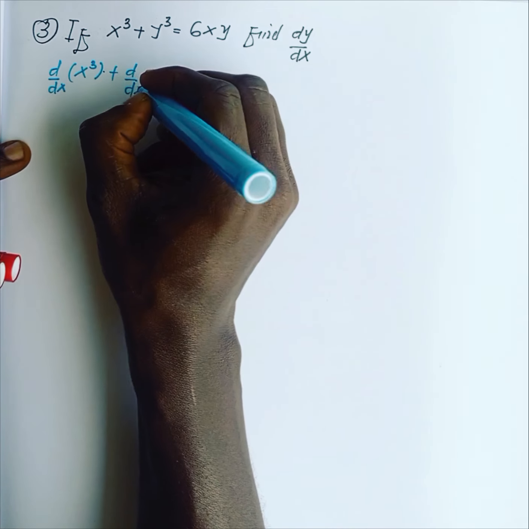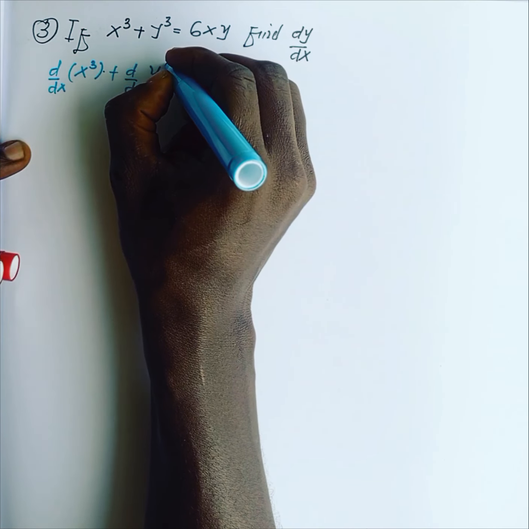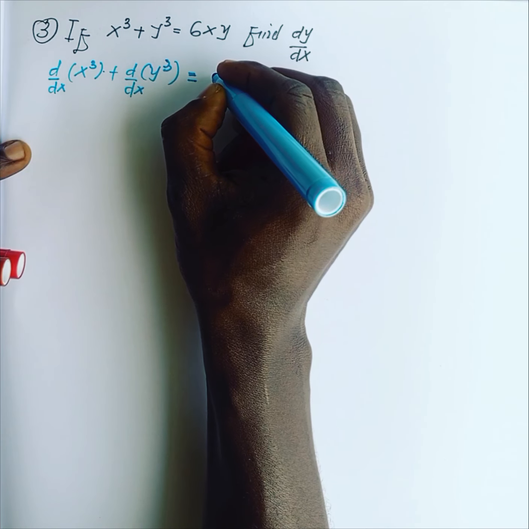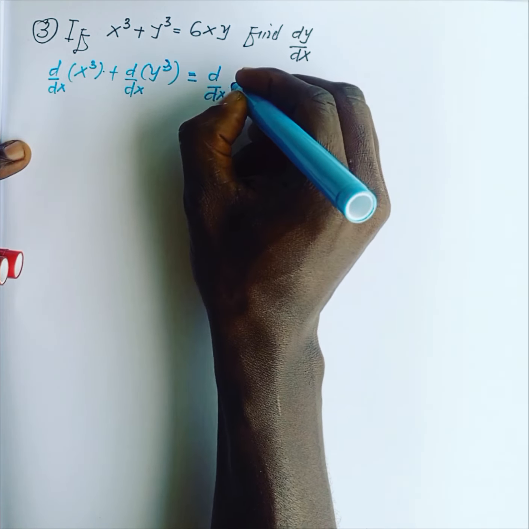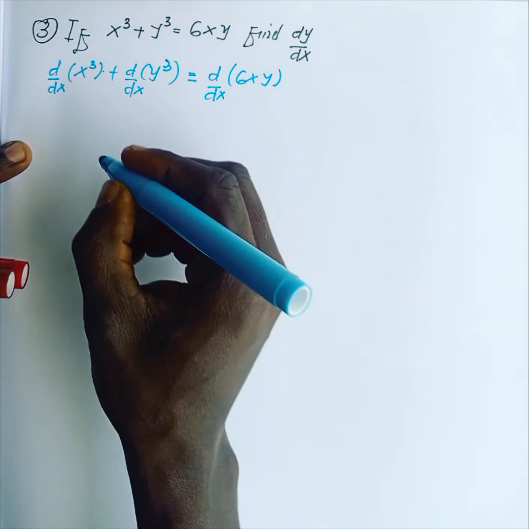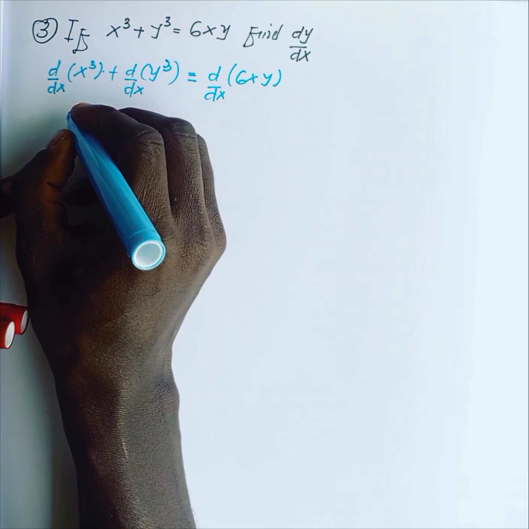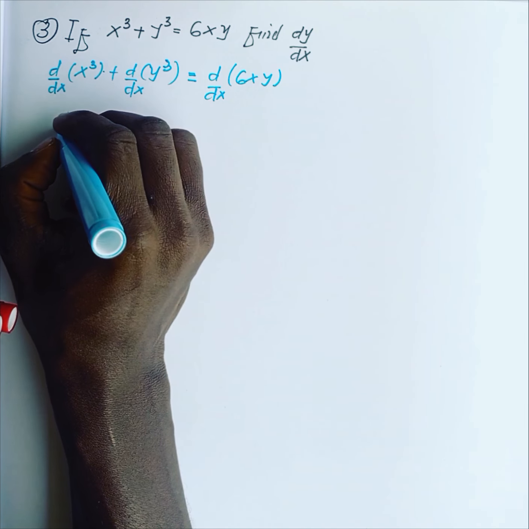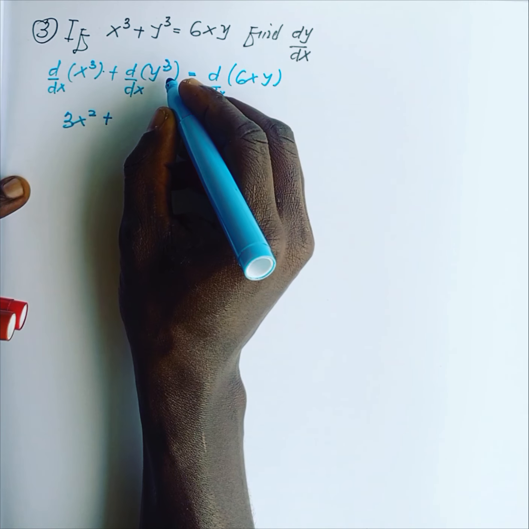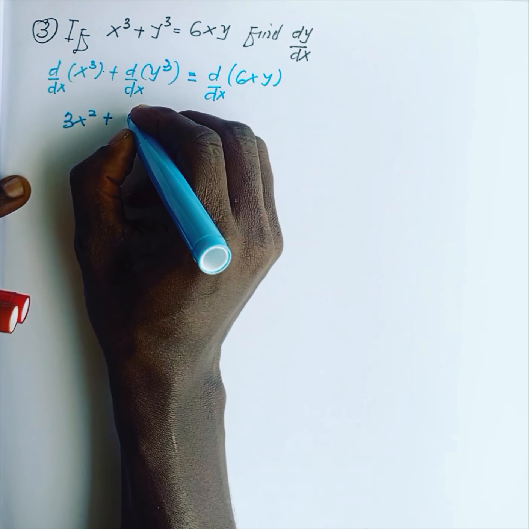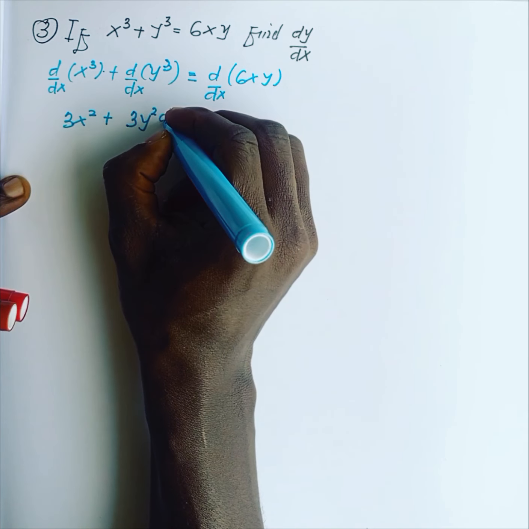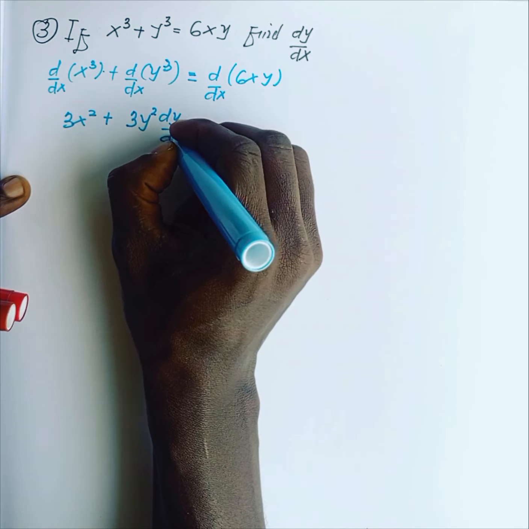Then we differentiate y cubed. And then we take the derivative of 6xy. Now we know that when we differentiate x cubed, we get, by the power rule, 3x squared. And then when we differentiate y cubed, by the chain rule, we get 3y squared. We add our dy dx.